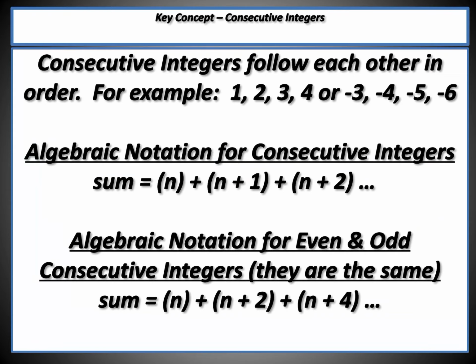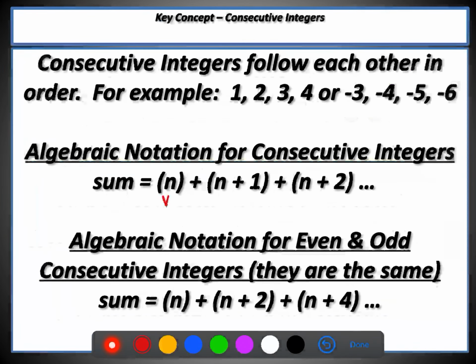So consecutive integers follow each other in order. So 1, 2, 3, 4, -3, -4, -5, -6. We don't skip any. So the algebraic notation for that: your first number, wherever we start, we would call that n.